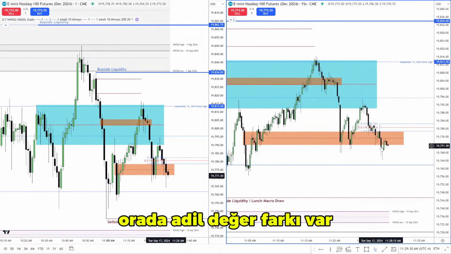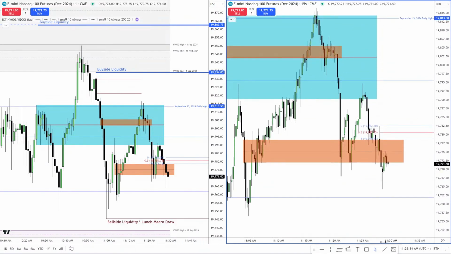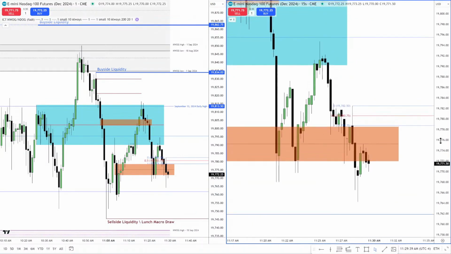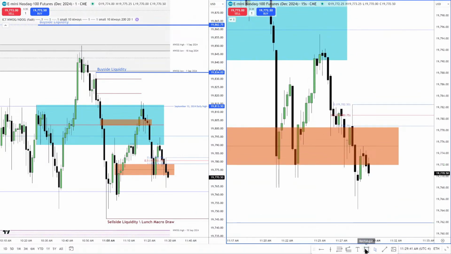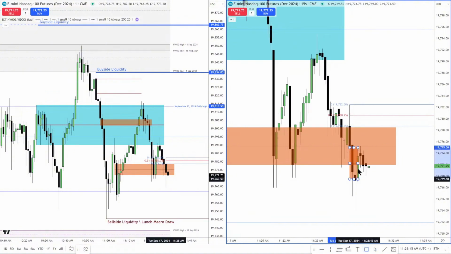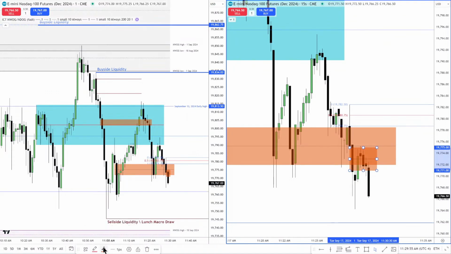It's this fair value gap there. TradingView, come on now. This is the gap right there. That's how I was eyeballing. There you go.